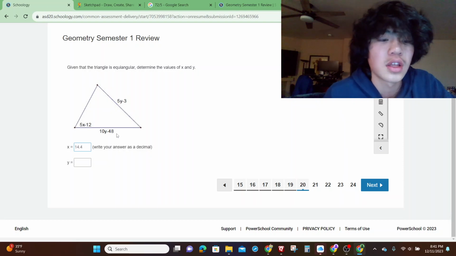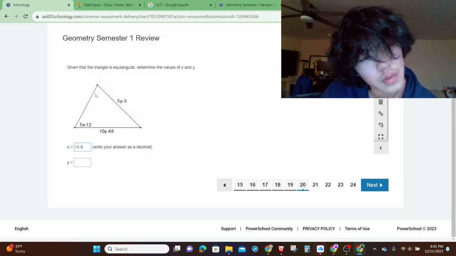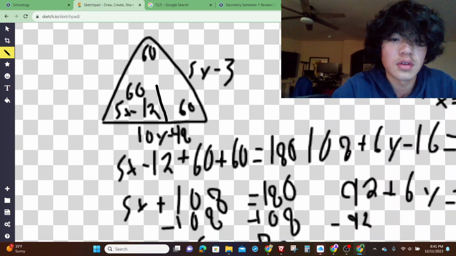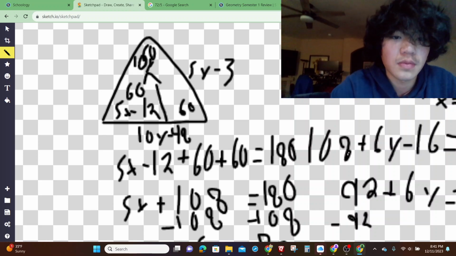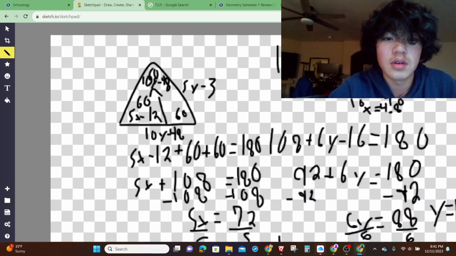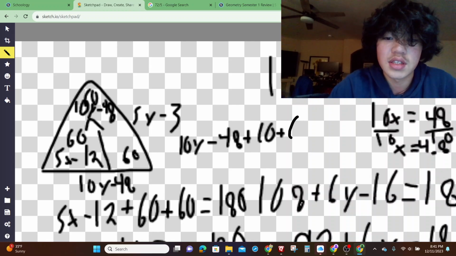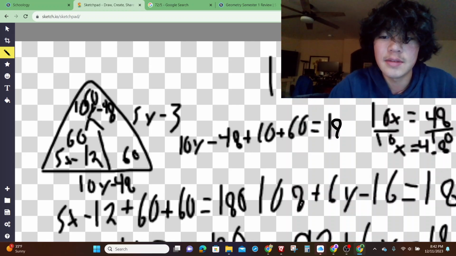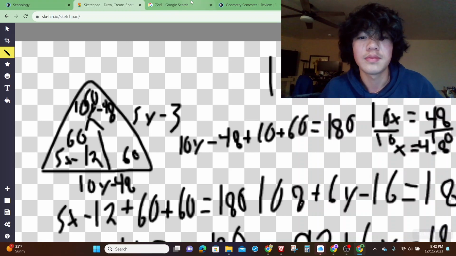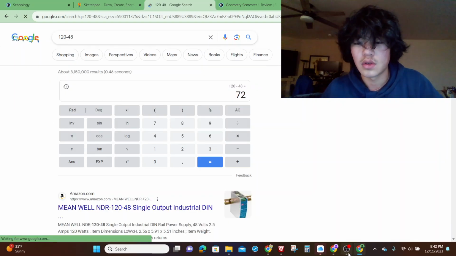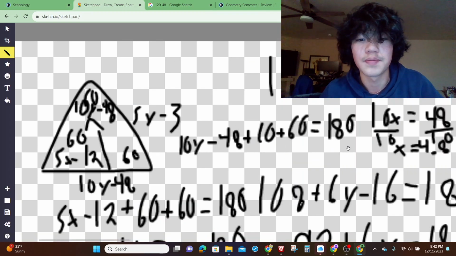Alrighty then. So we could put 10y minus 48 right here. So 10y minus 48. Then we could do 10y minus 48 plus 60 equals 180. So 120 minus 48. 120 minus 48 is 72.